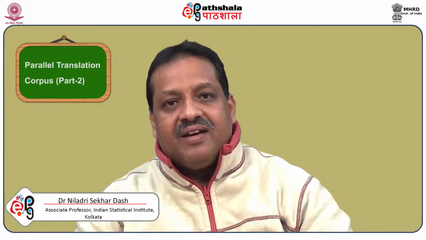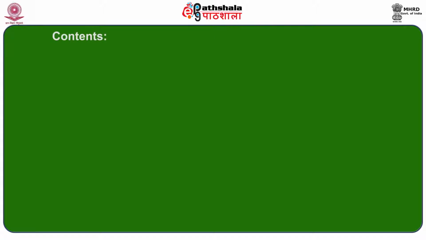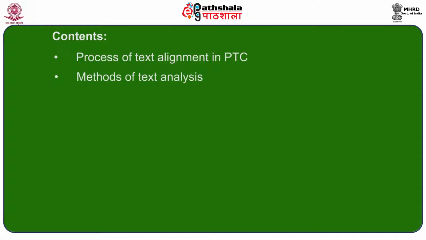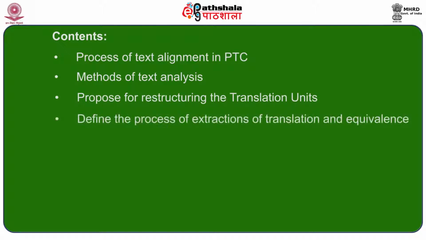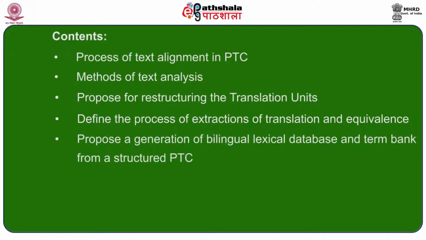Module 10, Parallel Translation Corpus, Part 2. In this module, we will further discuss and exemplify the process of text alignment in a parallel translation corpus, also discuss the methods of text analysis, propose restructuring the translation units, define the process of extraction of translational equivalence, and propose the generation of a bilingual lexical database and term bank from a structured parallel translation corpus.